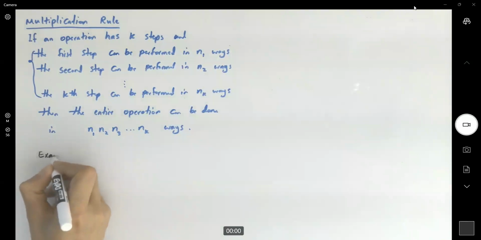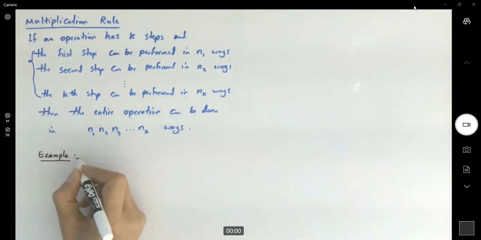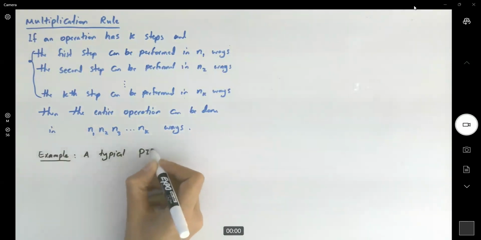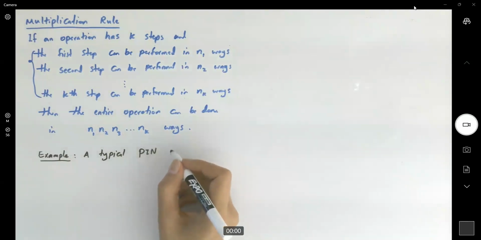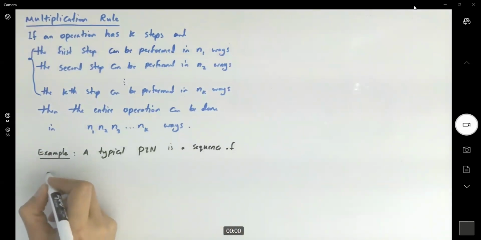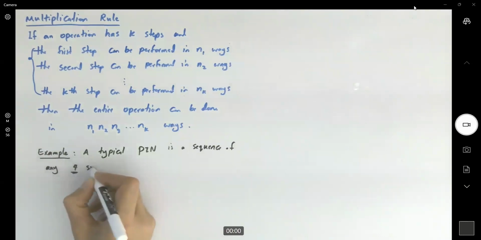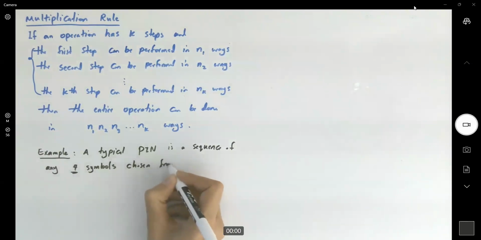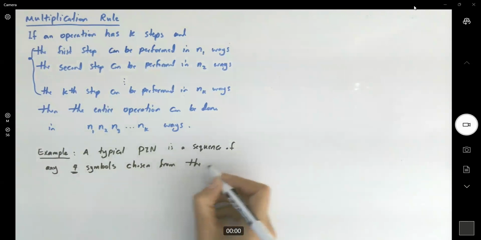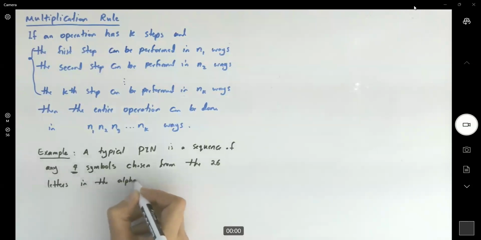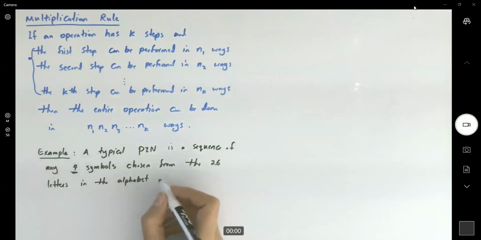In this example, we have the following scenario. It says a typical PIN or personal identification number is a sequence of any 4 symbols chosen from the 26 letters in the alphabet and also the 10 digits.